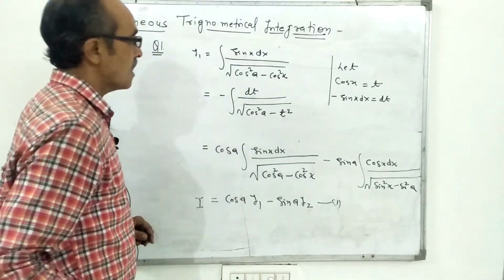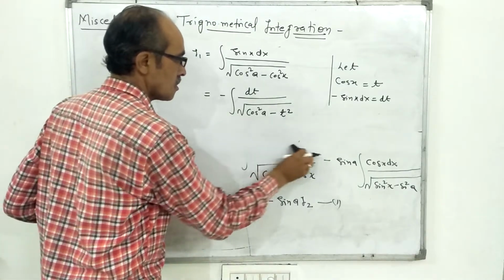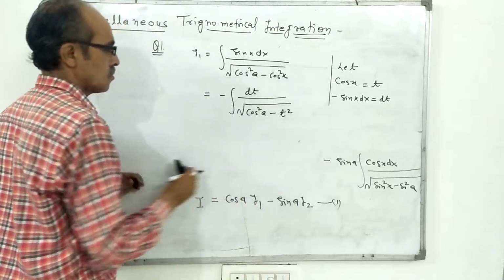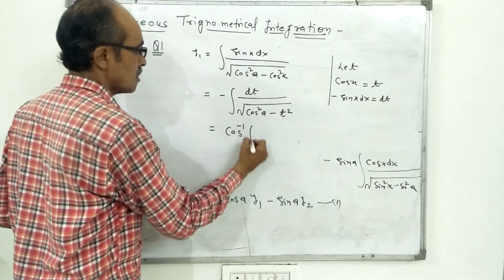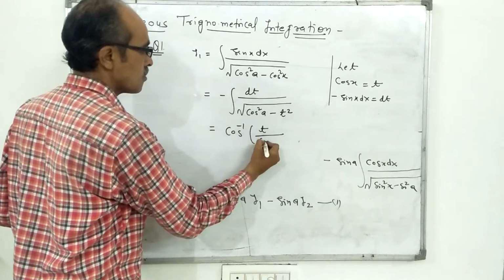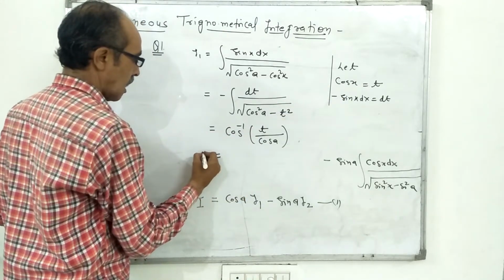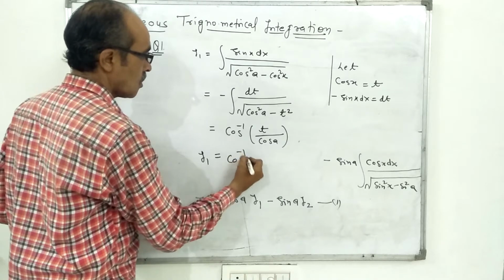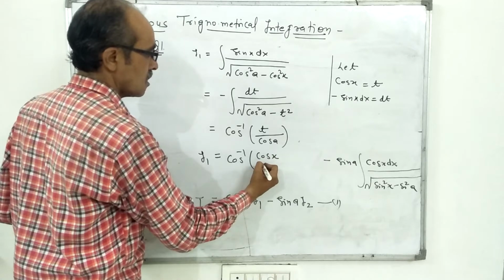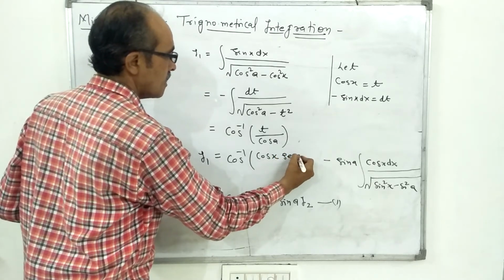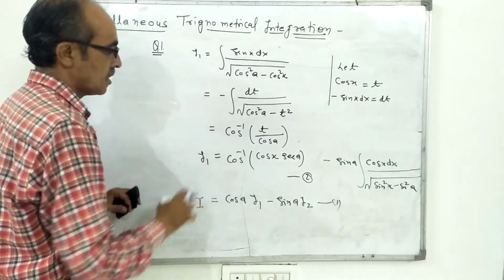Cos square a is a constant, so the integral value of this term is cos inverse of t divided by cos a, and the value of t is cos x. So I1 is equal to cos inverse of (cos x divided by cos a). This is equation number 2, the solution of the I1 integral.